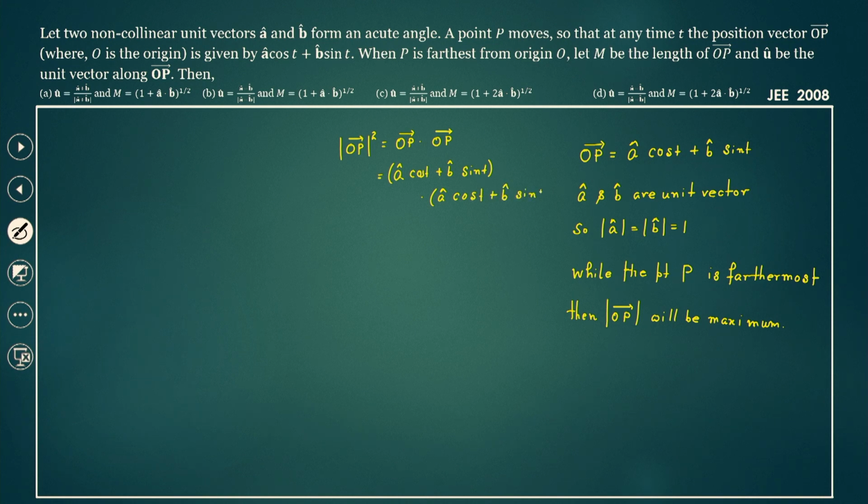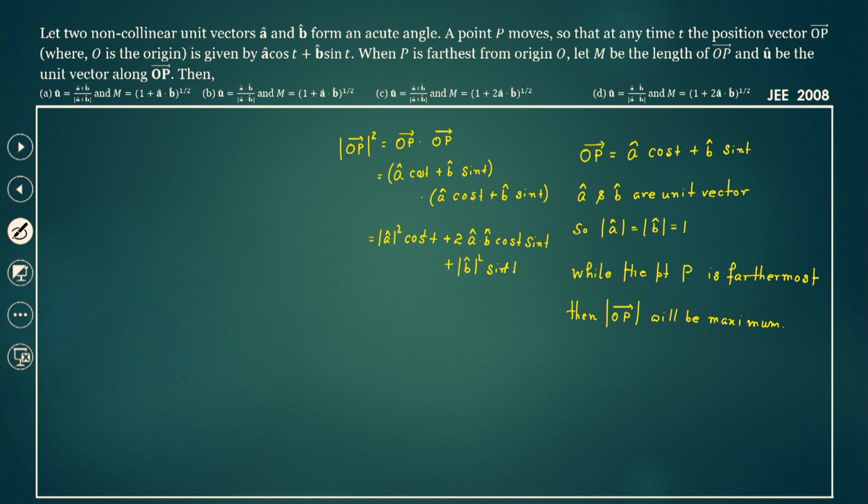Now we apply the dot product. We get A dot A, that gives mod A cap whole square into cos square t. Then A dot B sin t cos t, B dot A sin t cos t, so we get 2 A cap dot B cap cos t sin t, plus mod of B cap square into sin square t.